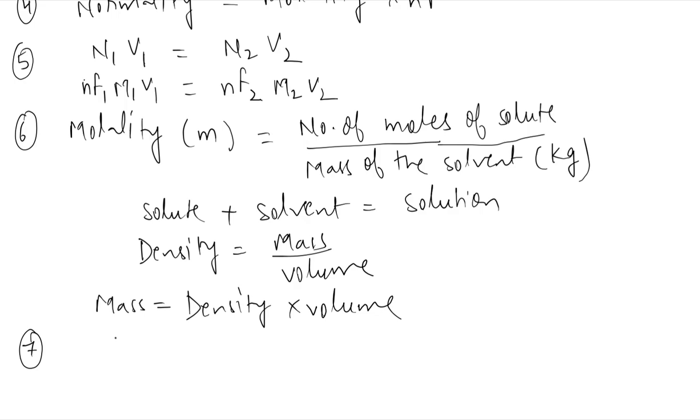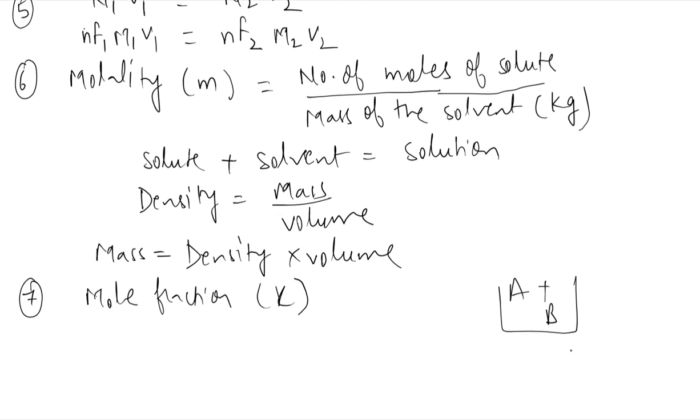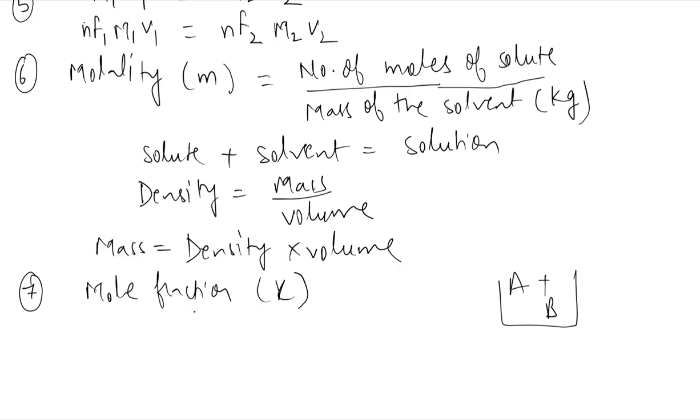Okay, so the last formula that we are going to write is mole fraction. Mole fraction is represented by xi. So just consider a system where we have component A and component B, and we want to express the concentration of each component. Then in that case we use the term mole fraction.